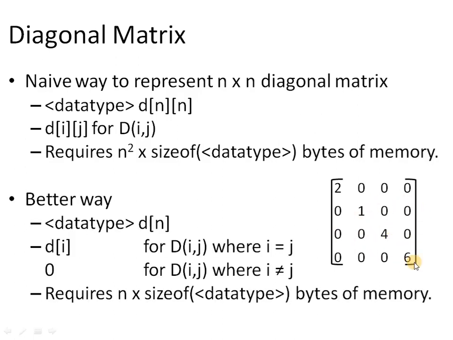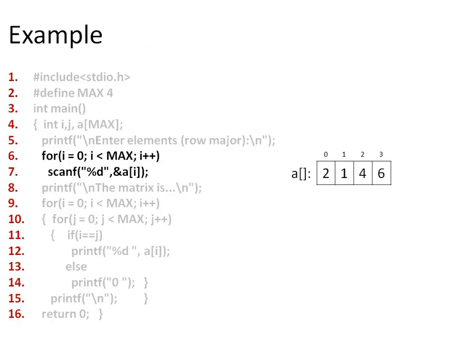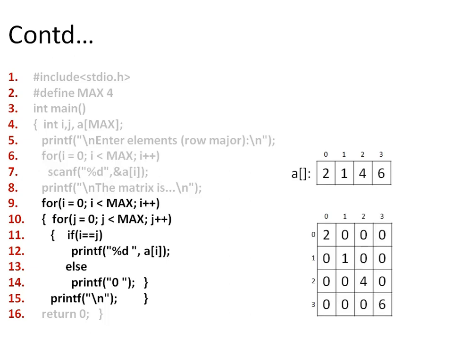For example, in this diagonal matrix, we just have to store 4 non-zero diagonal entries, that is 2, 1, 4 and 6 in a one-dimensional array as is shown here. However, when we retrieve the elements of this diagonal matrix, then an element will be printed only if row number equals the column number, else 0 will be printed.